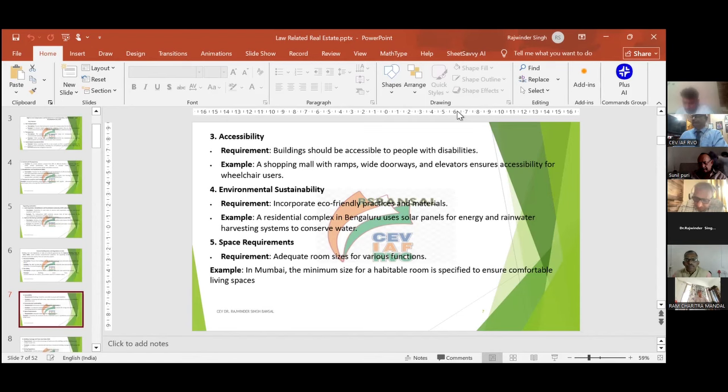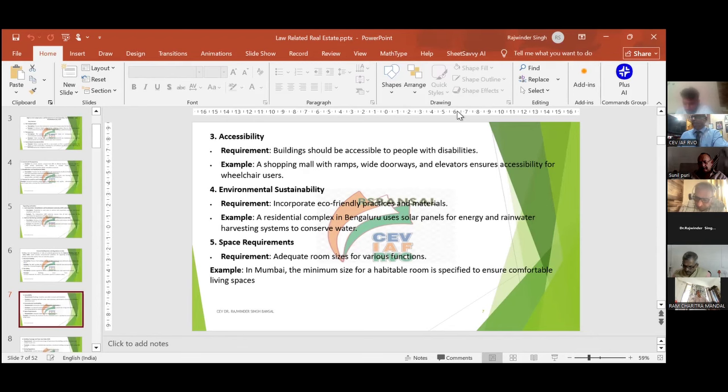Then space requirement. Whenever you have to design or plan a building, each and every room has a minimum size: minimum size for bedroom, minimum size for living room, for kitchen, for bathrooms, for residential.